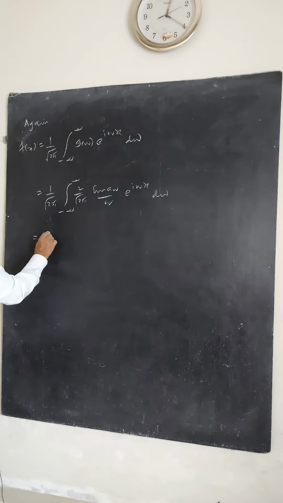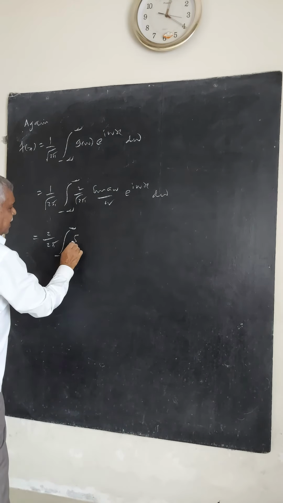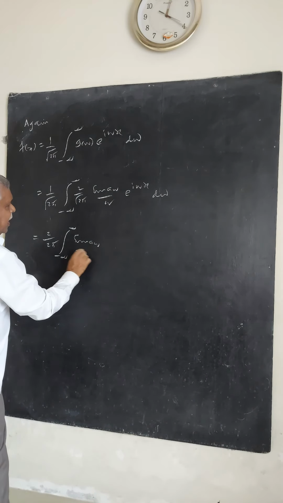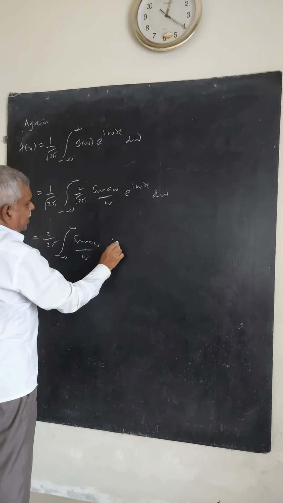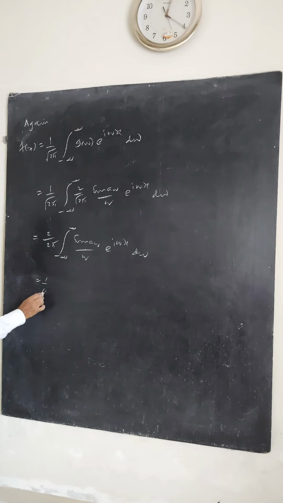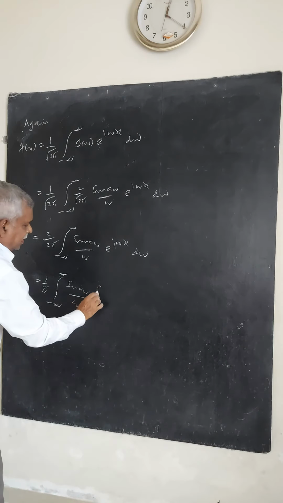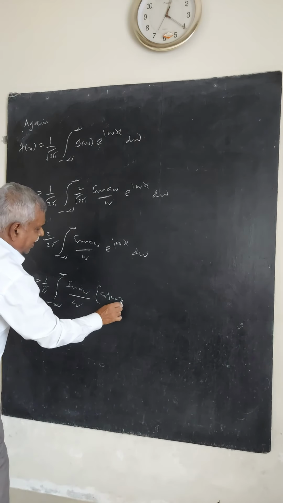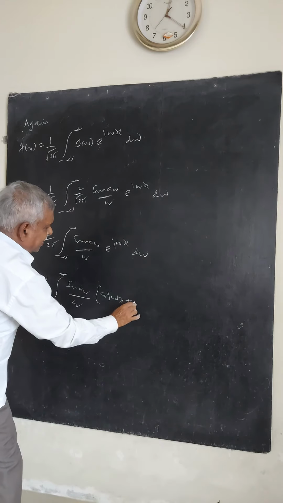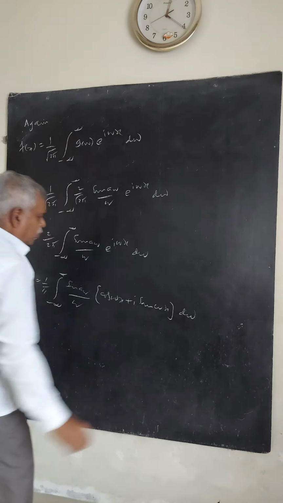The root 2 gets cancelled, equal to 1 by pi, minus to plus infinity, sin a omega by omega, into cos omega x plus i sin omega x, d omega.